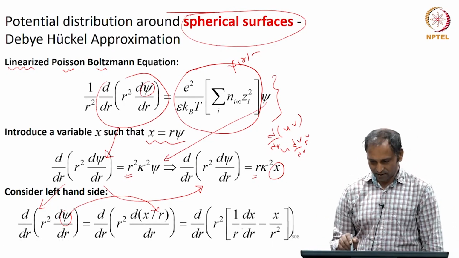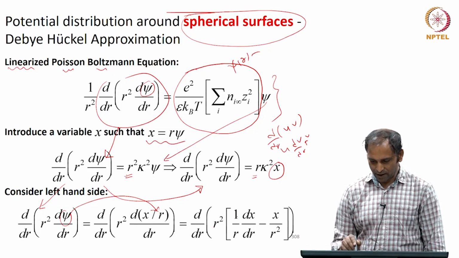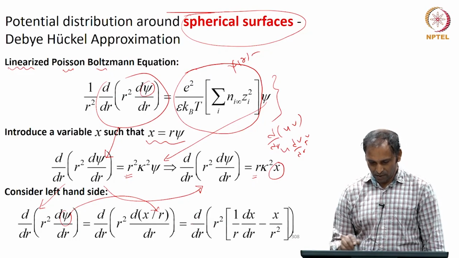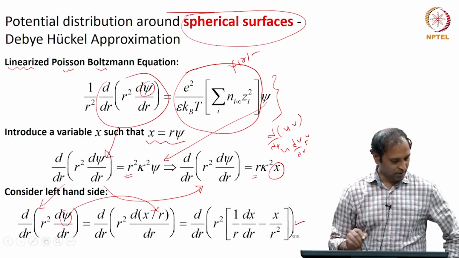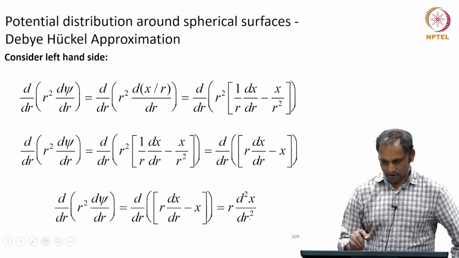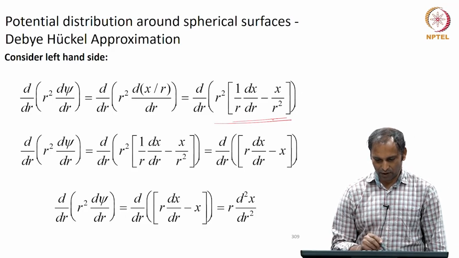Therefore, this becomes d by dr of r square into 1 over r into dx by dr minus x into 1 over r square. Therefore, you get the right hand side. This is what we essentially obtained.